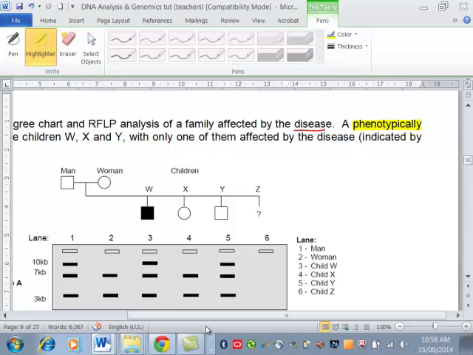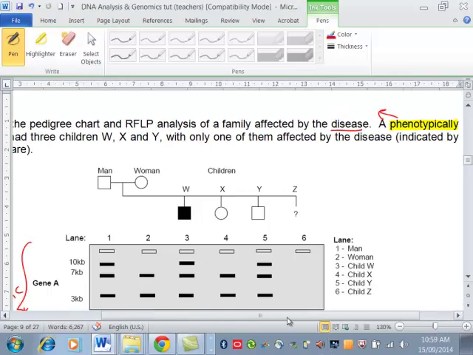What is phenotype? You may not be very clear, so I want you to write down. Phenotype means, I cannot remember the exact definition, but I think it's sufficient for you to write down all the expressed traits. That means whether you have the disease, whether you don't have the disease, what hair texture you have, what eye color you have, etc. Okay? So phenotype is all the expressed traits. So over here, when they say phenotypically normal, it's a clue, right?